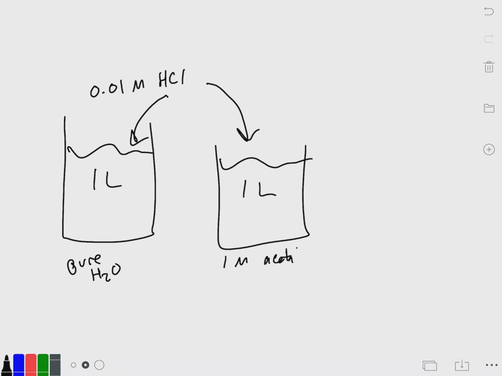Acetate would come from acetic acid, which has a pKa at about 4.76.